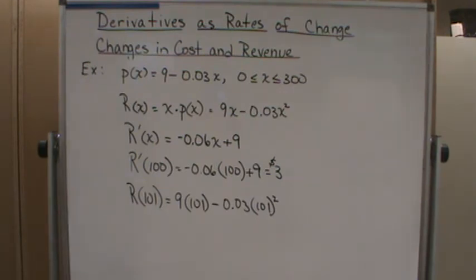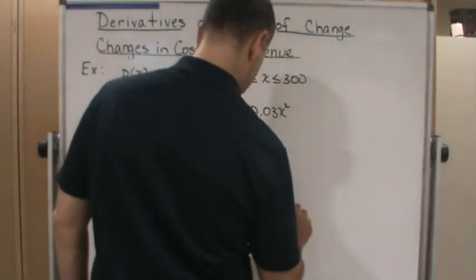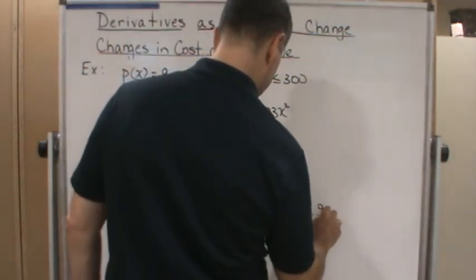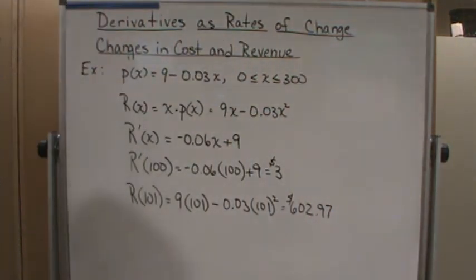Okay, so now we're going to use our calculator, and we get 602.97. Now that's the revenue of the selling, I'm sorry, I misspoke. Not selling the 101st dinner, it's selling 101 dinners. That's what I meant to say.